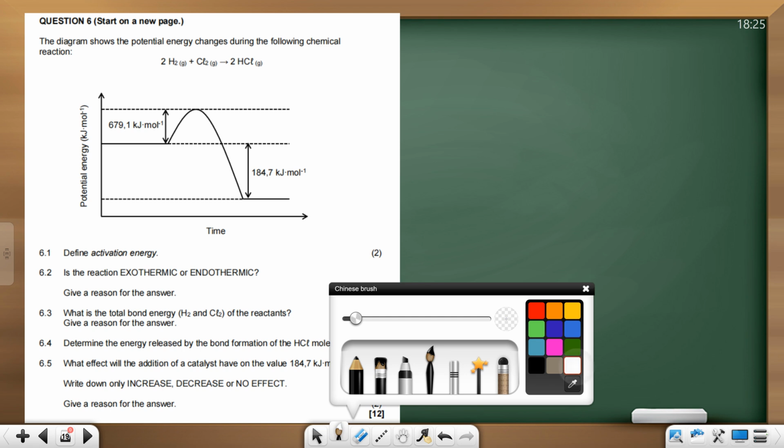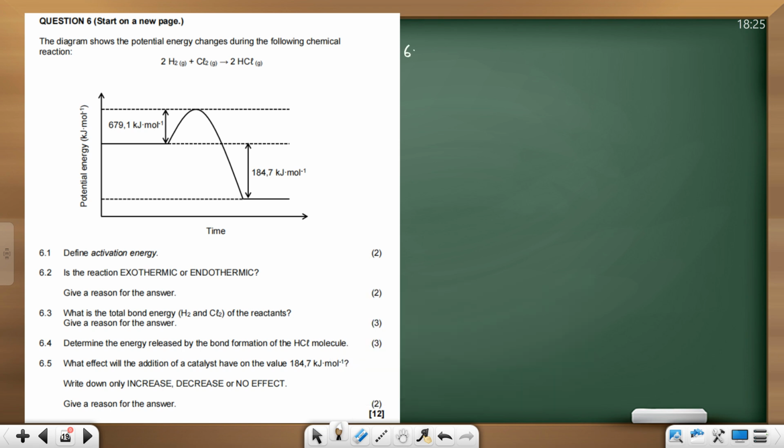Because I can't see energy increase here. What's your reason? The heat of products is less than the heat of what? Reactants. That's what I can see from the graph. I cannot calculate for now.